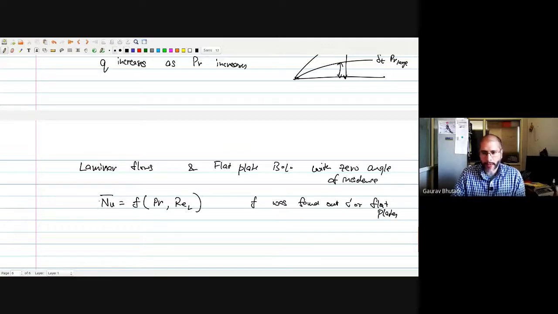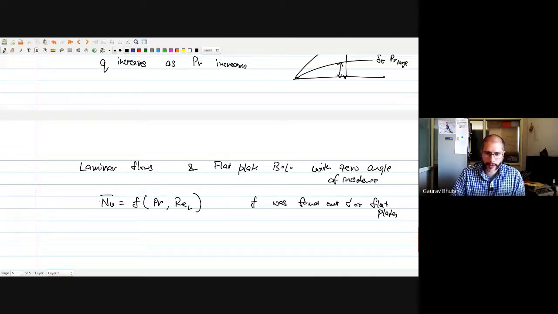So what we'll do now is try to find this Nu bar for other geometries. Typically, people do lots of experiments and have developed lots of correlations. They have data, and from that data they fit correlations, and so they find Nu bar as a function of Reynolds and Prandtl number. That functional form is found for that particular geometry.